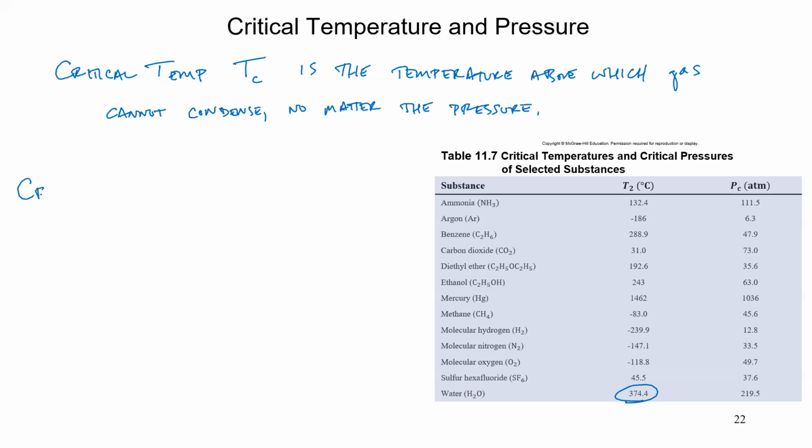Critical pressure, on the other hand, which is P sub C. This table says T2 here. That should be TC for critical temperature.